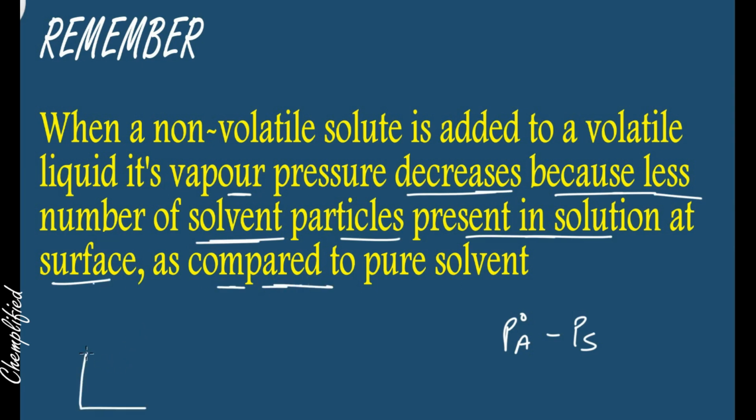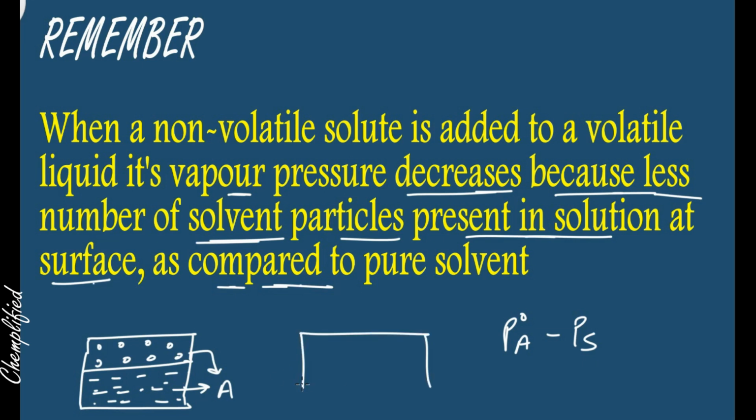Now consider our container. This is our container, a closed container. Now in this container only component A is present. If only component A is present, the vapors formed will be of only component A, right? So this is vapor pressure in pure state. Now consider another container. This is also closed.